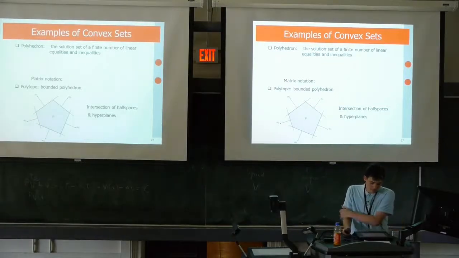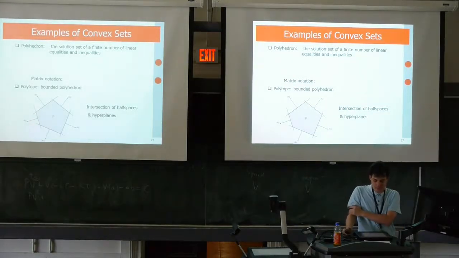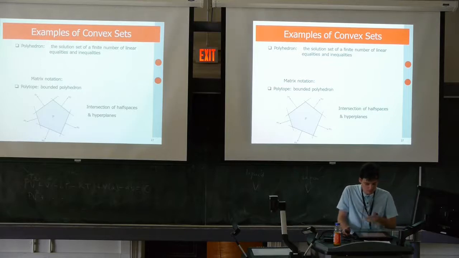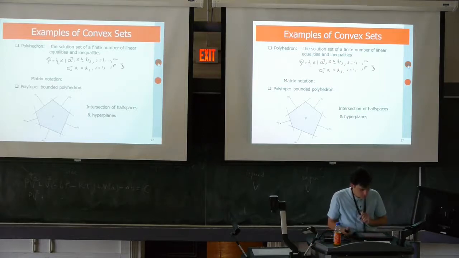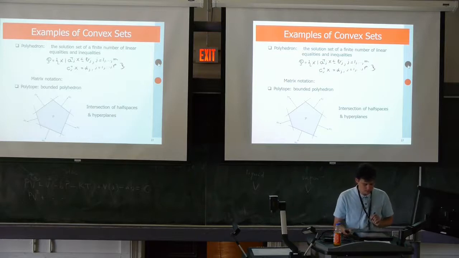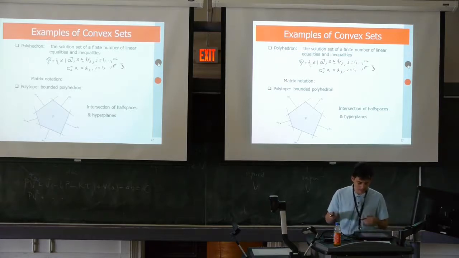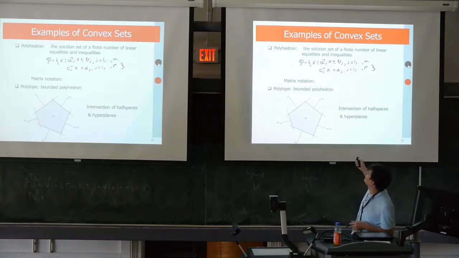Polyhedron definition: they are the solution set of a finite number of linear equations and inequalities. In other words, polyhedron P is the set of x's where, for some parameters a, b, c, and d, this holds: A transpose x is less than or equal to b, and C transpose x equals d.